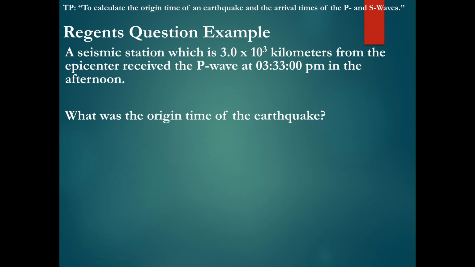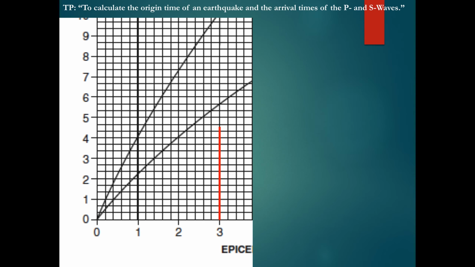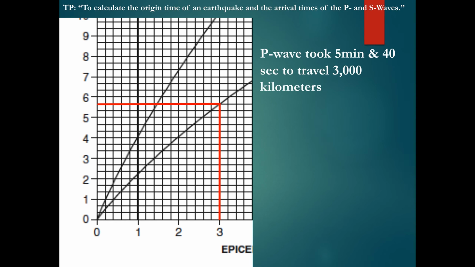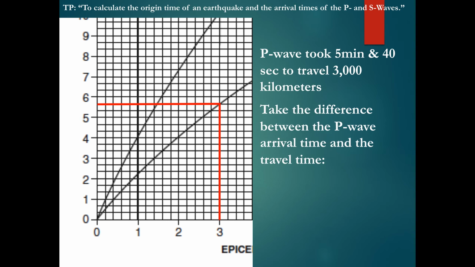And the arrival of the P wave is 3 hours, 33 minutes, and 0 seconds. So we have to do a little time math. The P wave took 5 minutes and 40 seconds to travel 3,000 kilometers. Take the difference between the P wave arrival and the travel time.